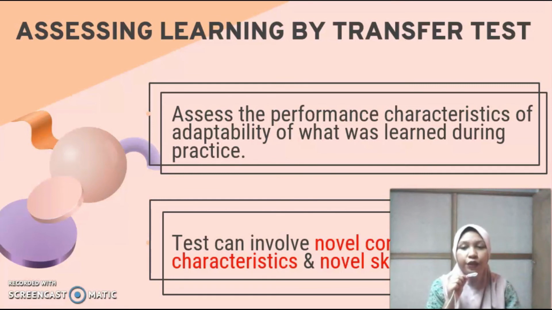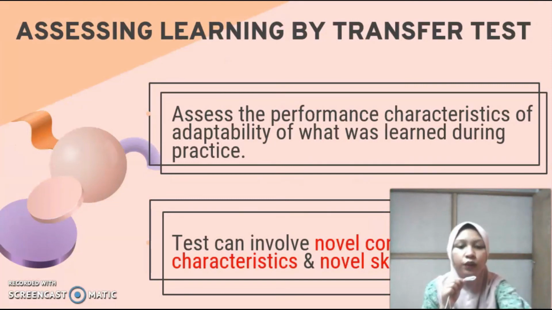This test involves novel situations, which are novel variations of the skill itself and new contexts in which people must perform the skill. So people must adapt the skill they have been practicing to the characteristics of the new situation.